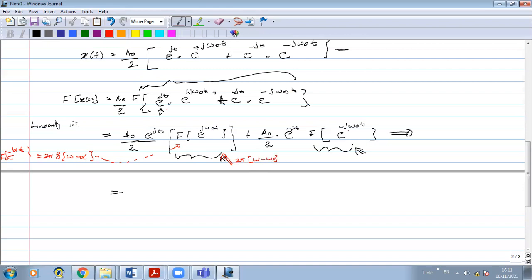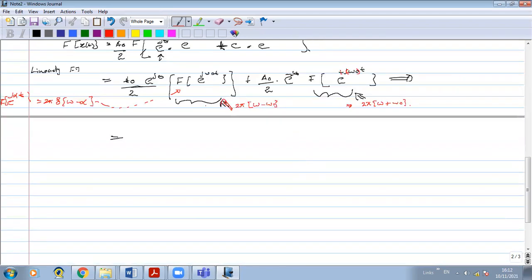And here, we have e to the power minus j omega naught t, so instead of alpha we have minus omega naught. So I can write this as 2 pi delta of omega plus omega naught, since minus minus becomes plus. So we have this one also.